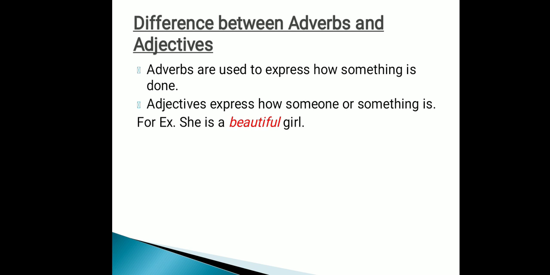Adjectives always show the quality of the noun. Okay, for example, she is a beautiful girl. Here, beautiful is an example of an adjective. So, always remember the difference between adverbs and adjectives. Adverbs are used to express how something is done, means how the action is done. But adjectives express how something or how someone or something is. This is the difference.